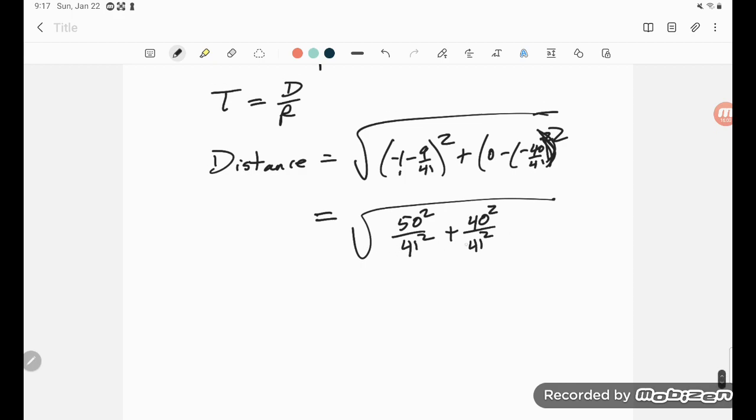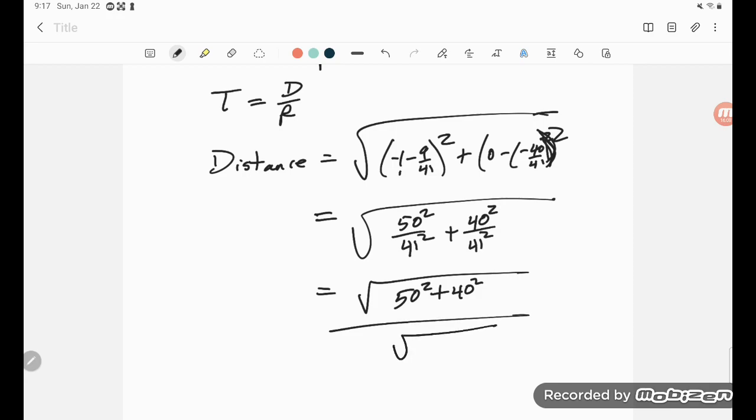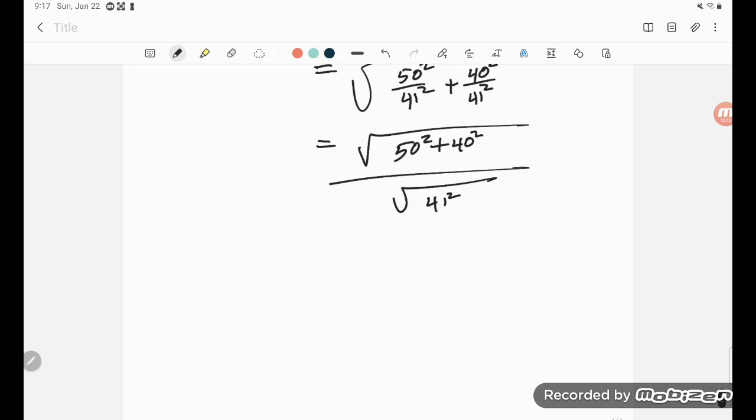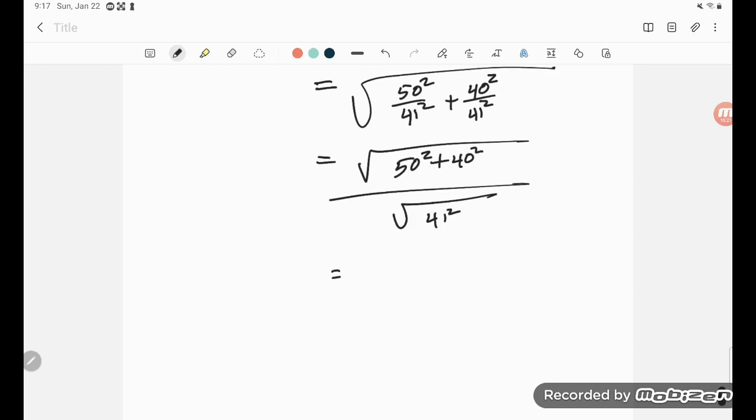Now the reason I did it this way is I'll write this as the square root of 50 squared plus 40 squared over the square root of 41 squared. And the reason I did that, well, I know the square root of 41 squared. Now 50 squared, well, except notice, and so I'm just kind of showing you some calculation techniques. Again, we can use a calculator, but hey, work on your arithmetic.